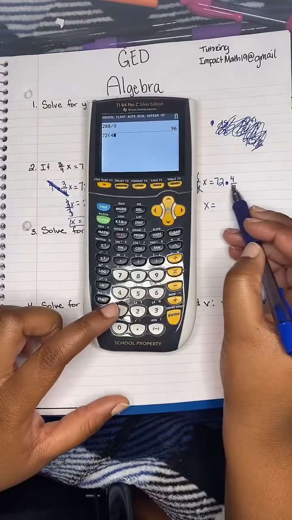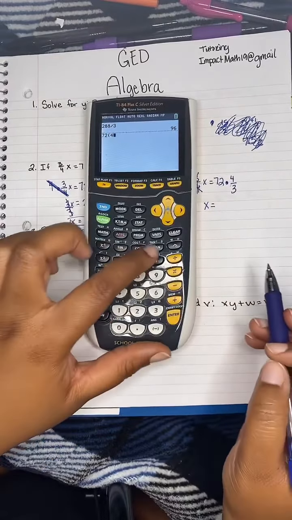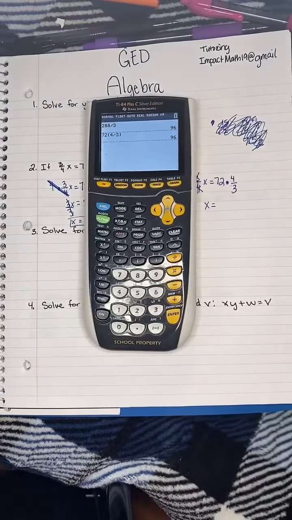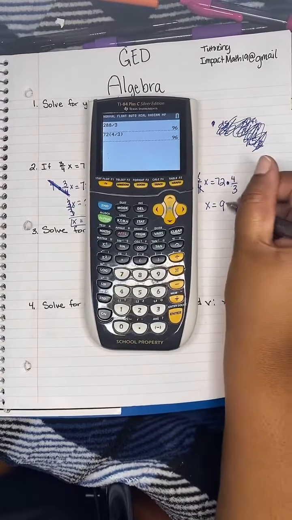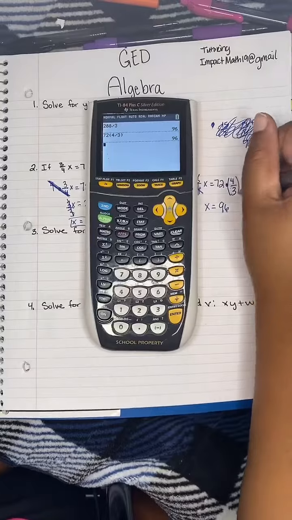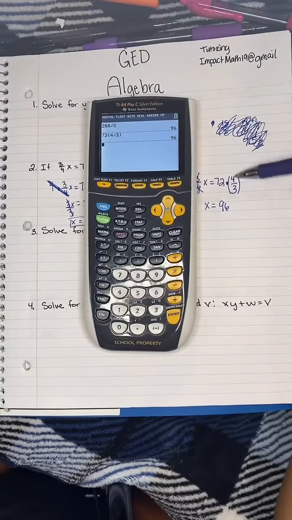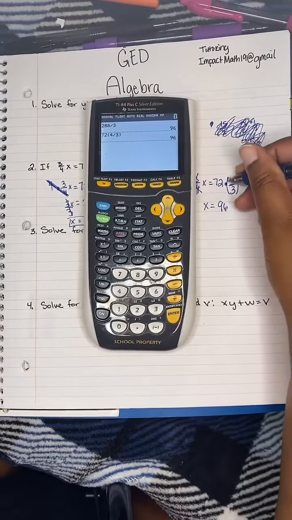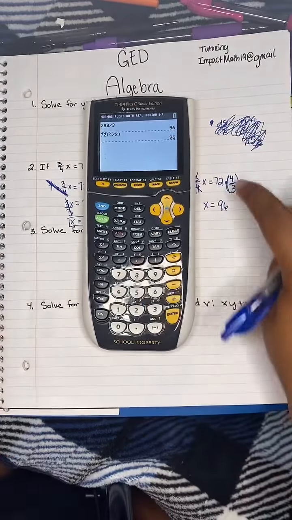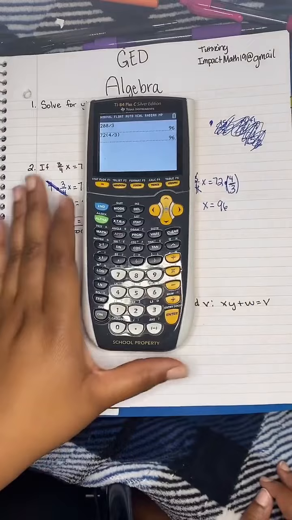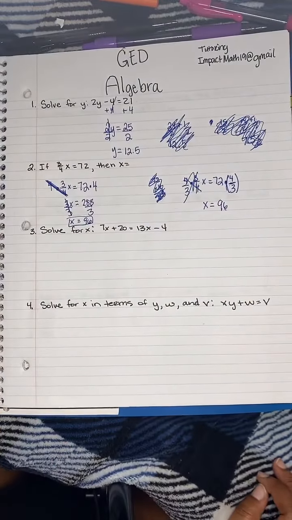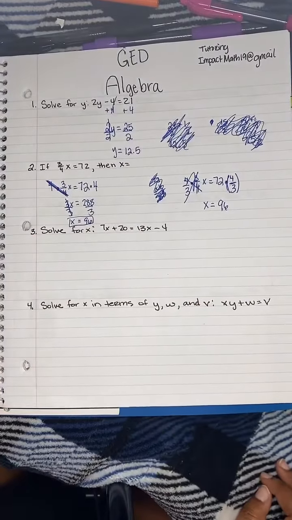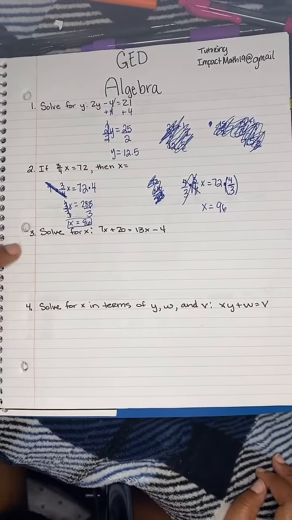Remember, what does this mean? Divided by 3. And then you're going to get 96. And that is our answer. Okay. So my students sometimes get confused on, well, how do I put this in? Remember, this is division. And then you have your parenthesis here and just do 4 divided by 3. Okay. All right. Good. So multiple ways, you guys. We could even do it another way. Okay. But we're going to keep it pushing.